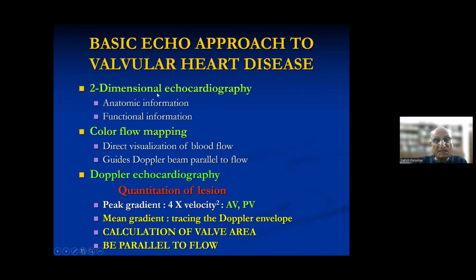Why? A 2D echo gives you anatomical information. How thick is the wall? What is the size of the chamber? What is the thickness of the chamber? All these anatomical informations are given by 2D echo, and Doppler is the technique which gives you the functional information like an ejection fraction or so.